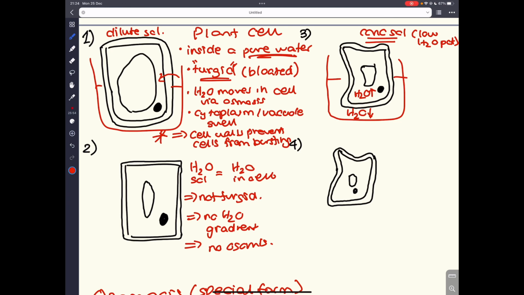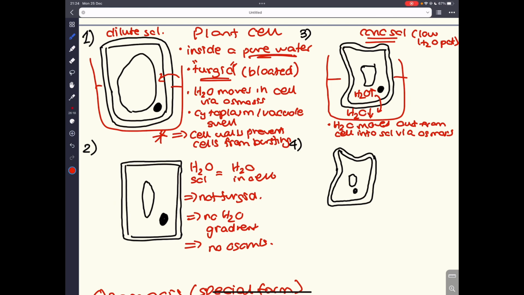So remember, osmosis always moves from the higher water potential to lower water potential. So in this case, we can say that water moves out from the cell into the solution via osmosis.